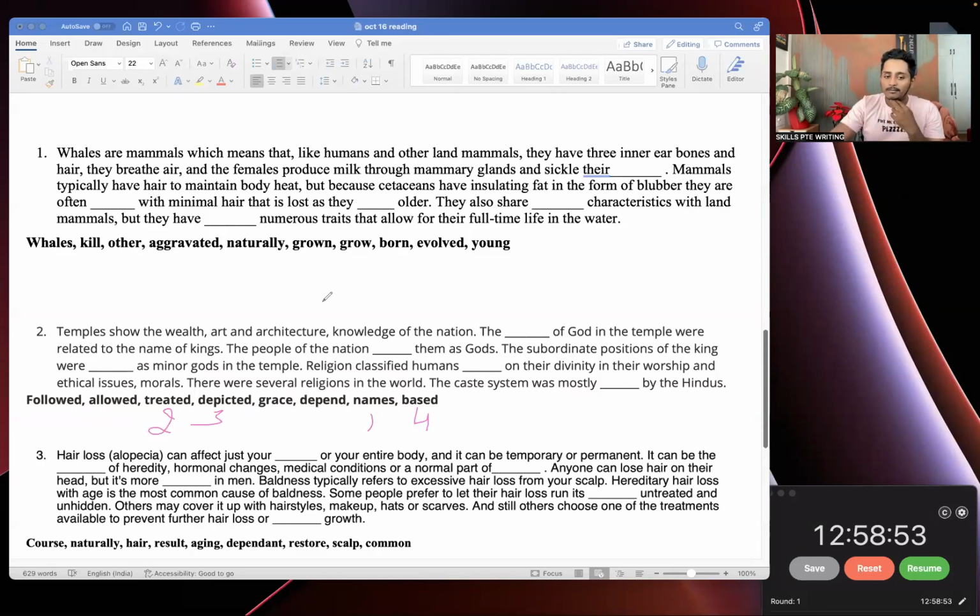So people of the nation followed them as gods. They treated them as gods, was mostly followed by. Here, if you write followed, this also goes wrong. One mistake costs you 2 marks.